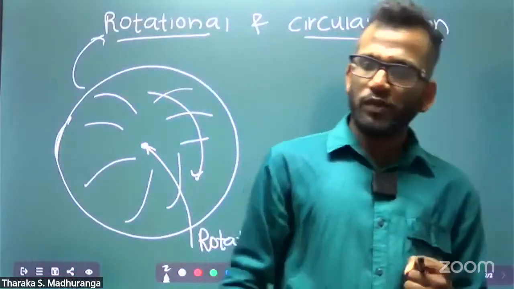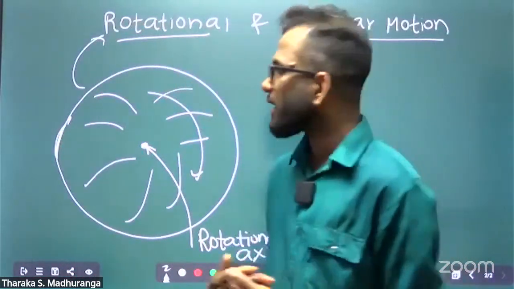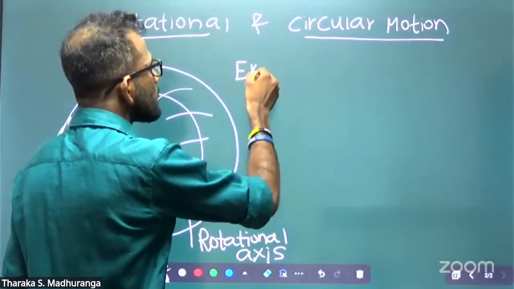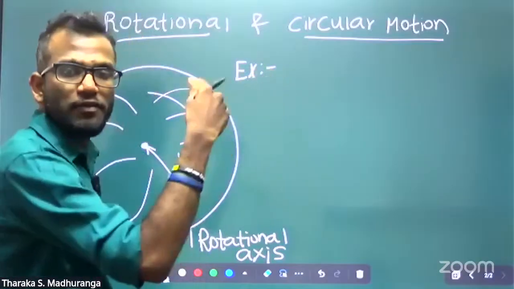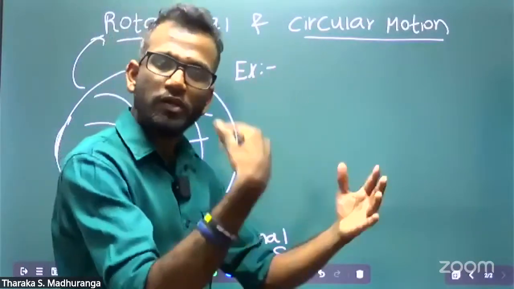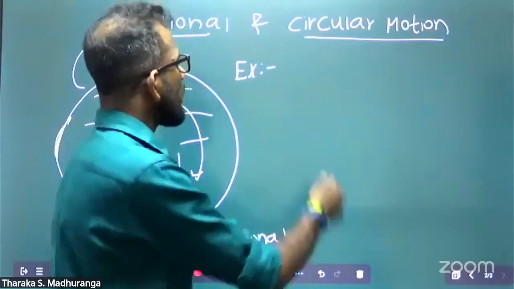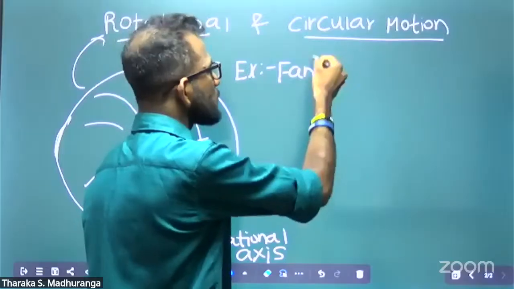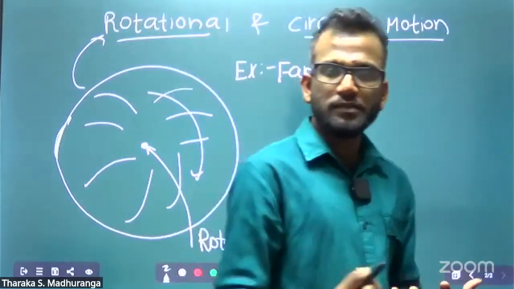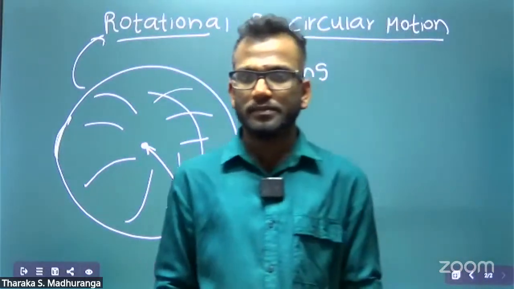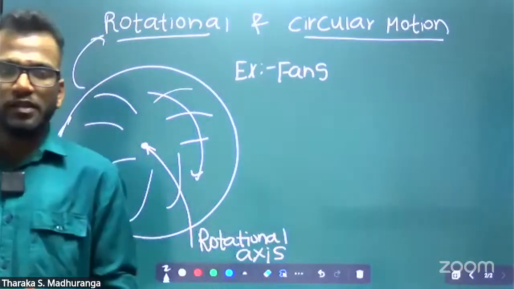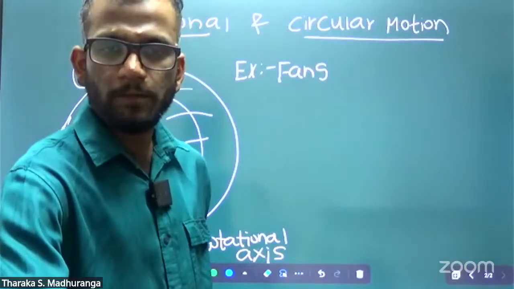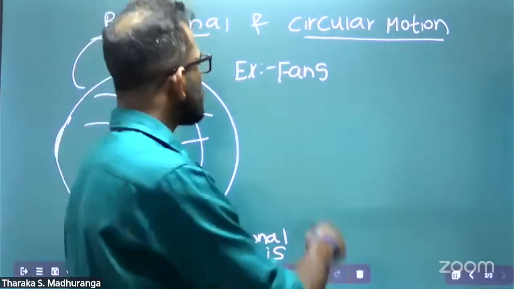Send me your experience. I can suggest one example: wind turbines. Wind turbines and all types of fans are rotational motion. What else? Sadev? Yes, vehicle wheel, very good.